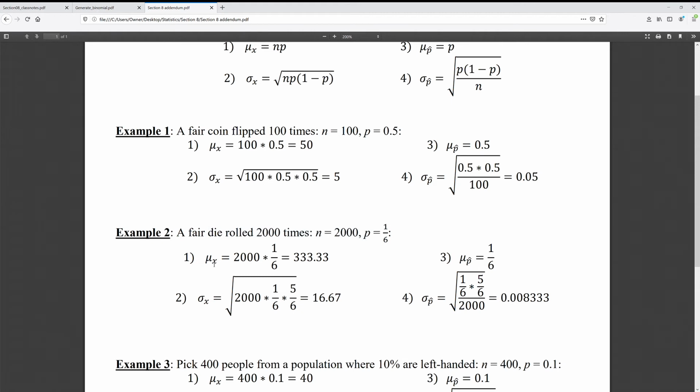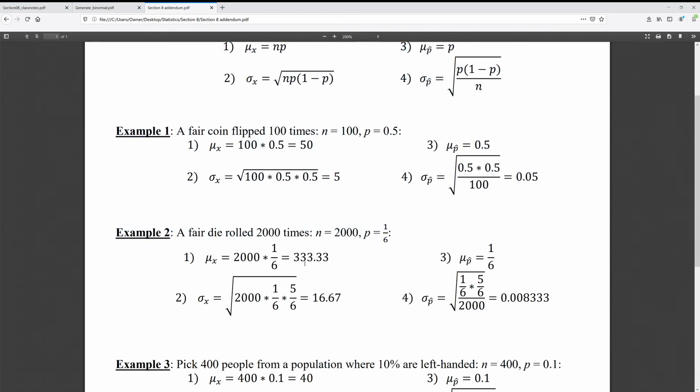So over here we've got the mean and standard deviation of the number of ones. What the number of ones on 2,000 rolls is bouncing around, and how far away from that guy it tends to bounce. And over here, same ideas for proportion. So of course 2,000 rolls, and the probability of 1 on a fair die is a sixth.